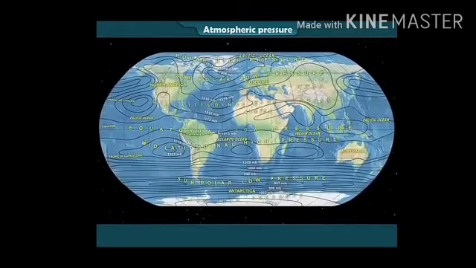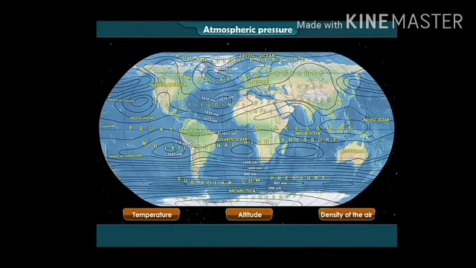Let us know about these factors. Following are the factors on which the atmospheric pressure of a place depends. 1. Temperature. 2. Altitude. 3. Density of the air. Let us discuss these factors one by one.